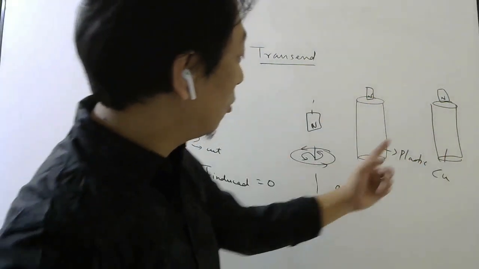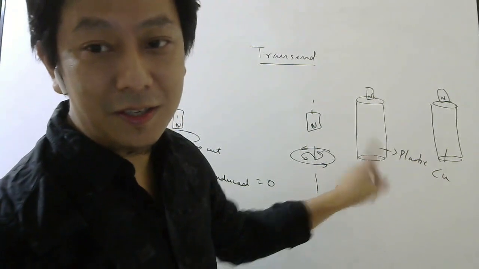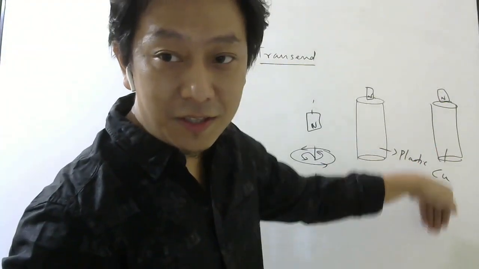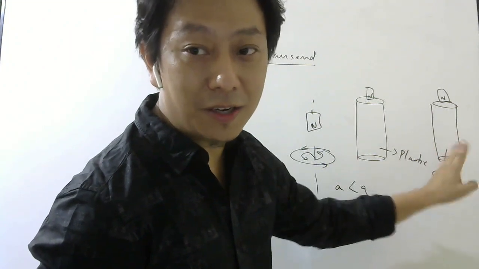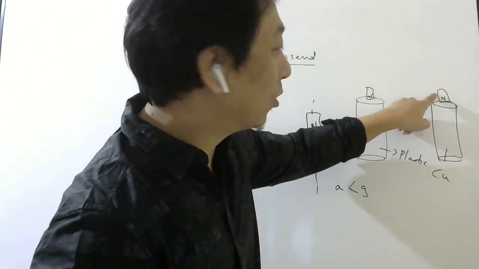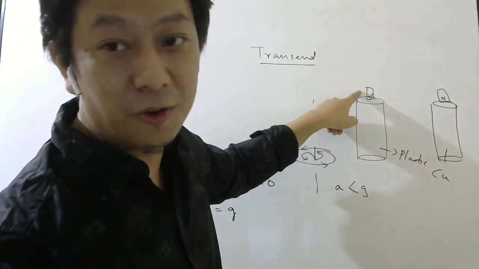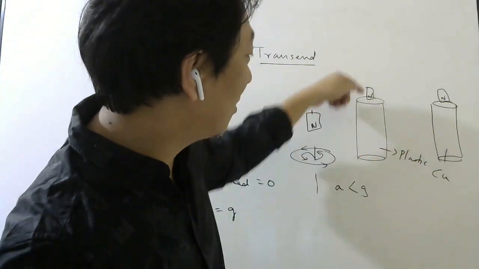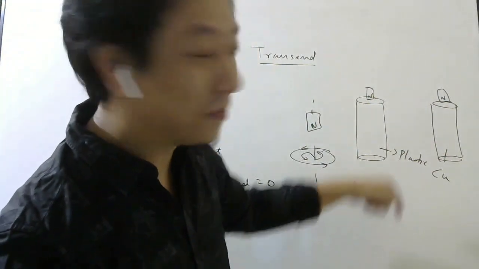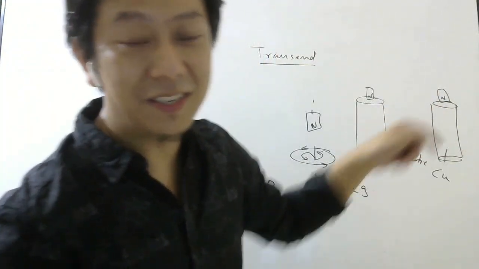In this case, there will not be any induced current because this is an insulator. Here, because of the change in the magnetic flux, induced current will be there. So that induced current, according to Faraday's law, will oppose this. This will not be opposed because there is no induced current here. Understood or not? So this will fall with acceleration g. This will fall with less than g acceleration.